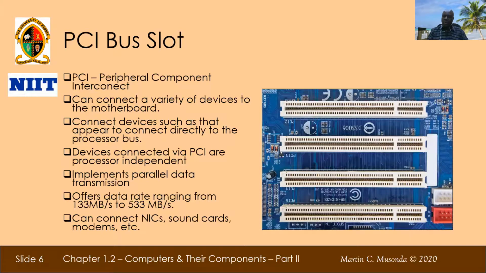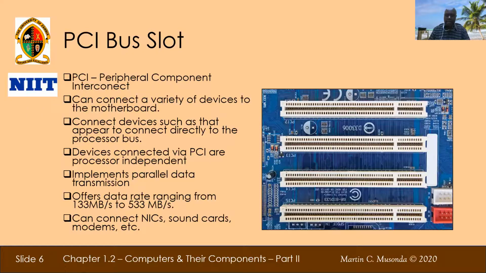There are cases where the network interface card on the motherboard fails, it has stopped working. You can go to a shop and buy another one and come and fit it into the PCI so that you are able to connect to the network. Sometimes you want to provide additional sound capability on your machine.